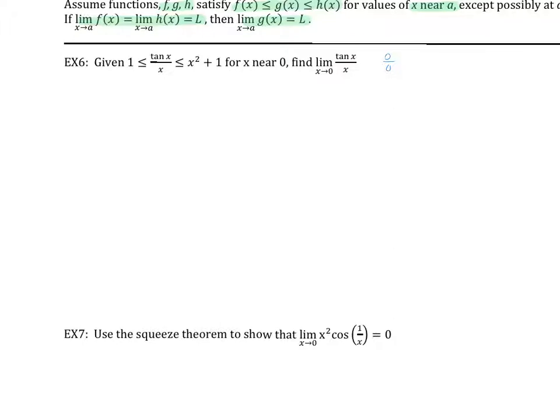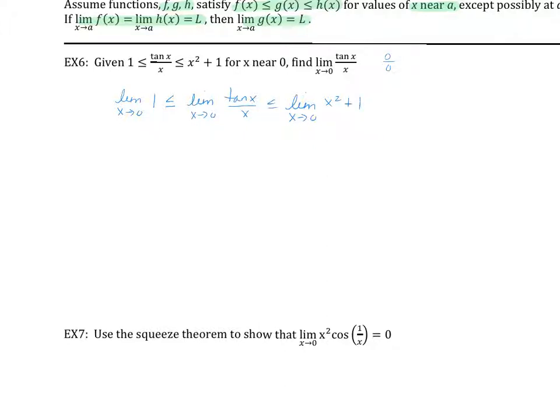Okay? So what I'm going to do is use this squeeze theorem. I'm going to take the limit of all three pieces, and so this is how I'm going to write it. Here we're approaching 0, so the limit as x goes to 0 of 1 has to be less than or equal to the limit as x goes to 0 of tangent of x over x, which needs to be less than or equal to the limit as x goes to 0 of x squared plus 1.